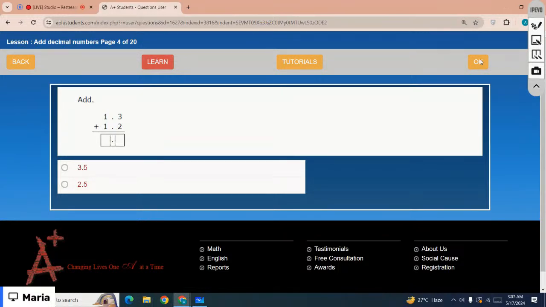The next one, the correct option is 2.5. Option number 2 is the correct option.